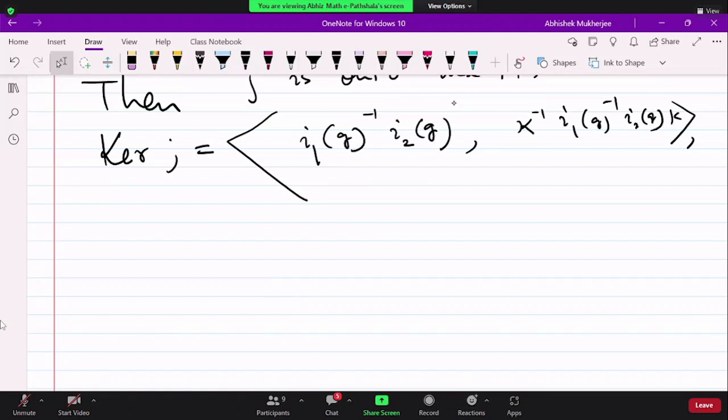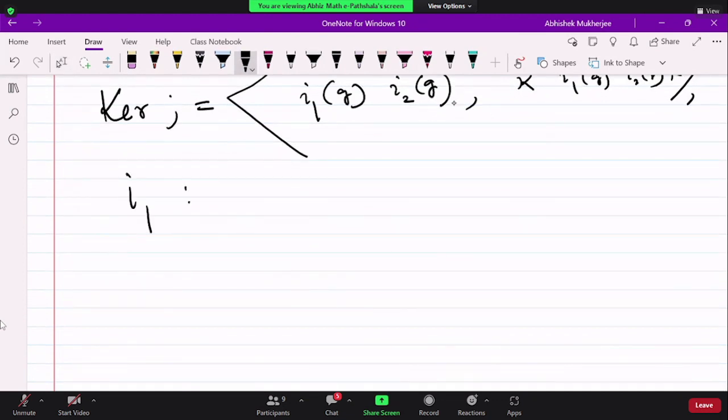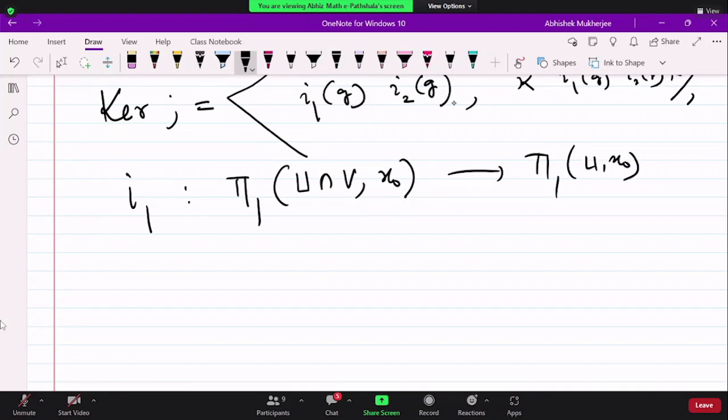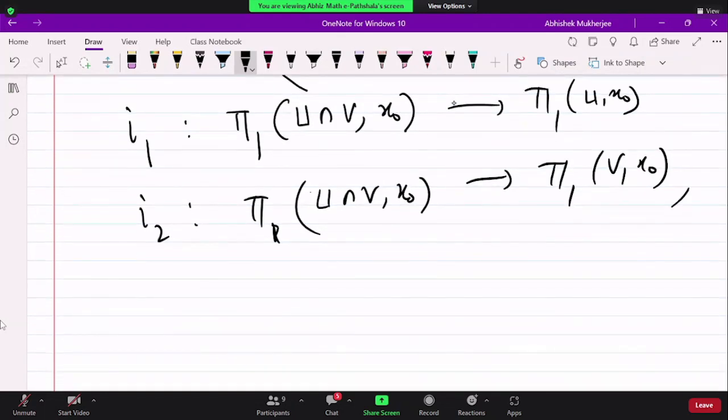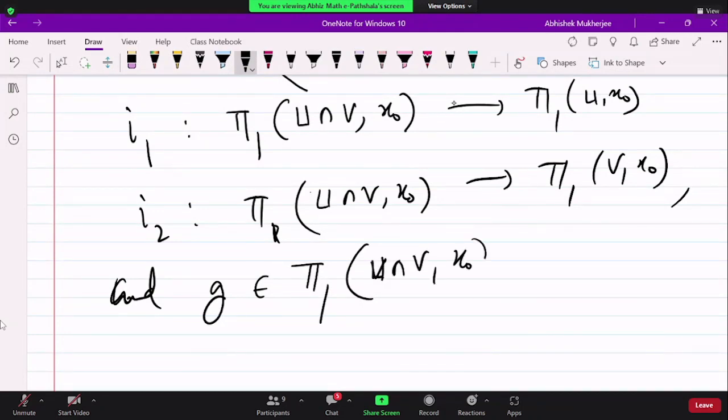So i1 is the induced homomorphism from pi 1 of U intersection V at x naught to pi 1 U, and i2 is from pi 1 of U intersection V at x naught to pi 1 V. And we are selecting this g from the fundamental group of U intersection V at x naught.